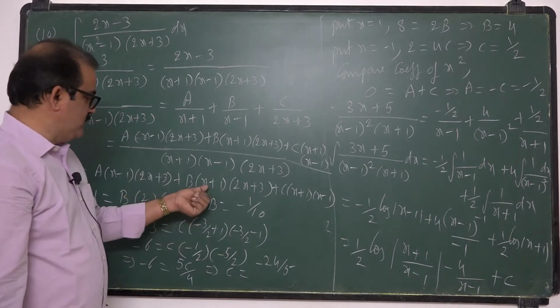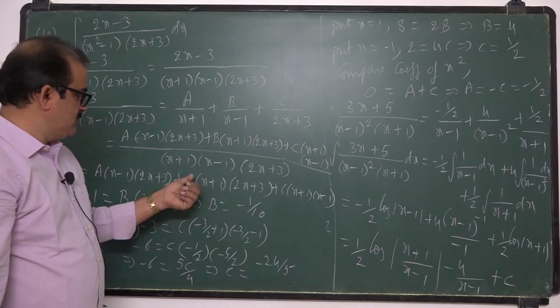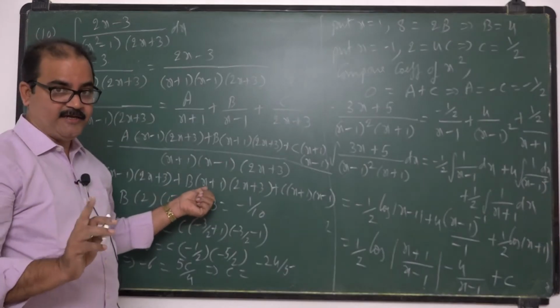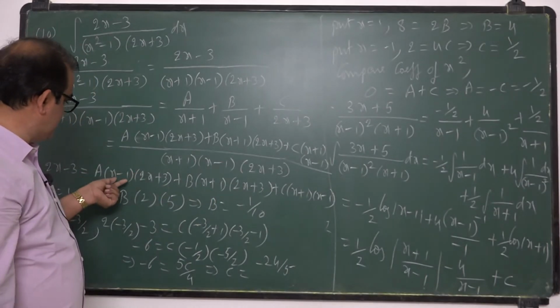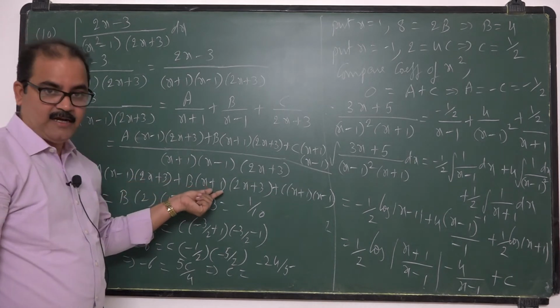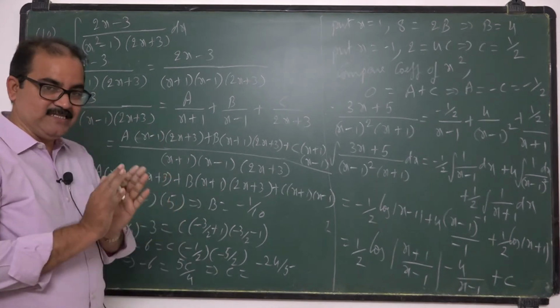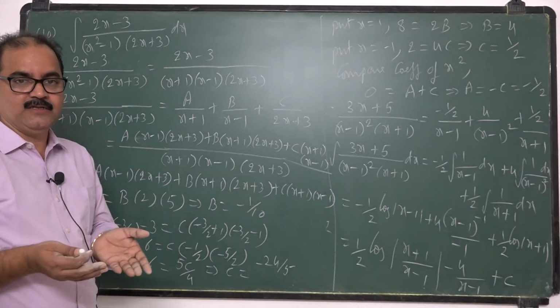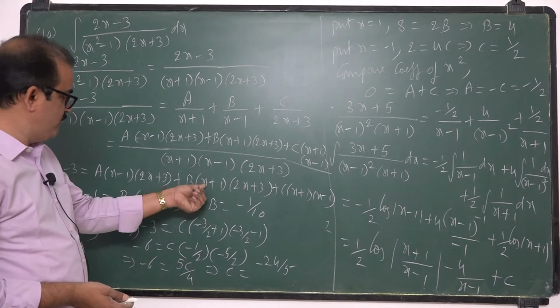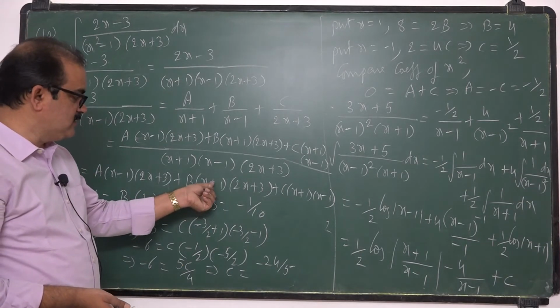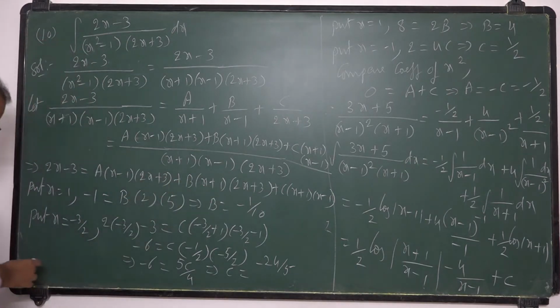Next, again we give x is equal to minus 1. Here there are three linear factors, x minus 1, 2x plus 3 and x plus 1. We make each factor 0 by giving some value to x. If you put x is equal to minus 1, this becomes 0.